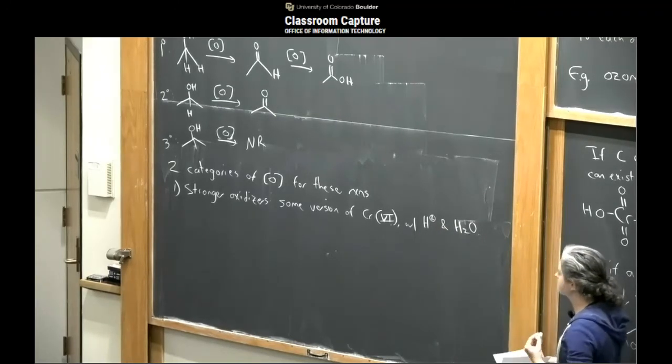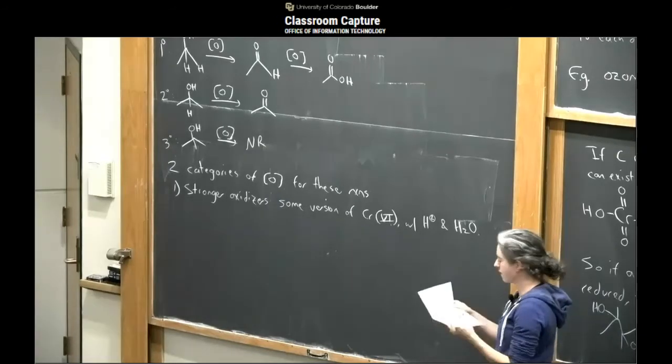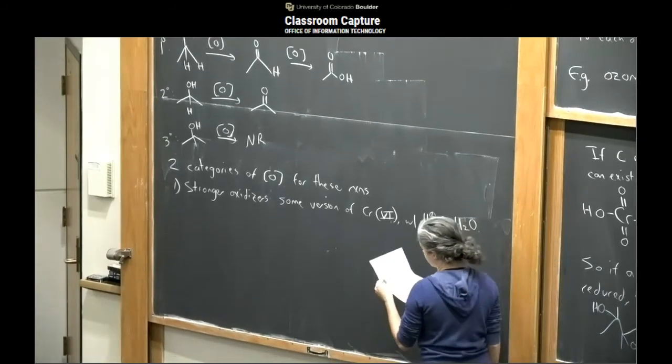Okay, so it's got to be chromium-6, but also you need some protic source around. And we'll explain why that is in a second here.